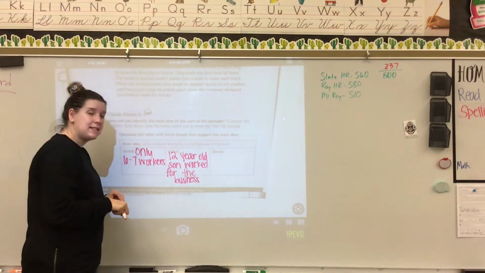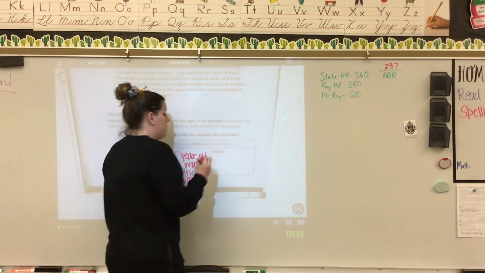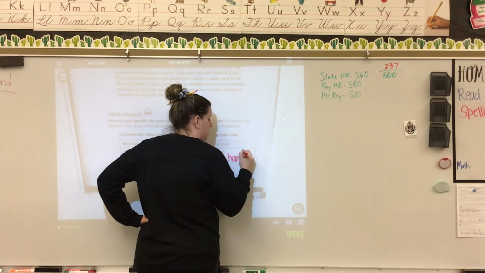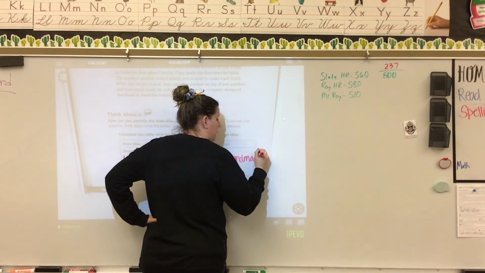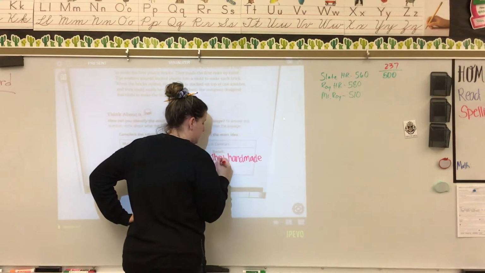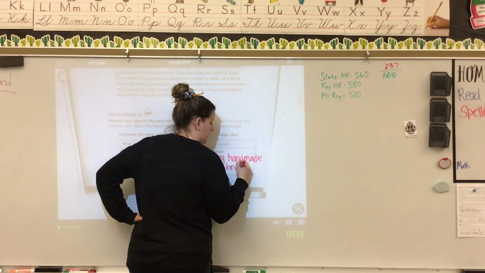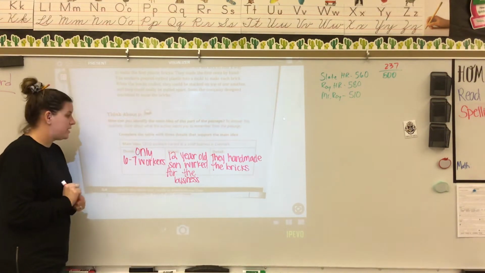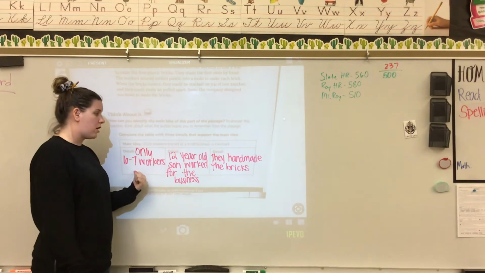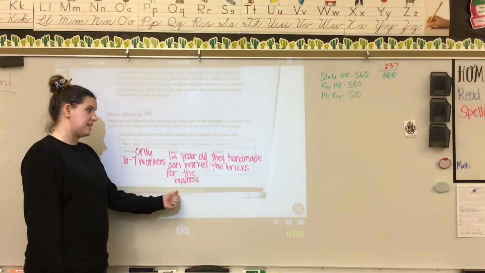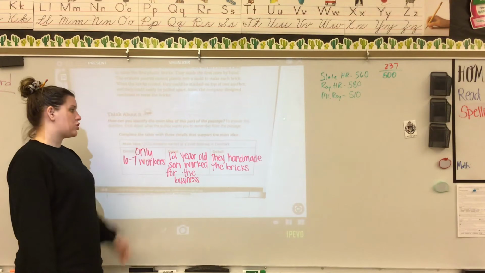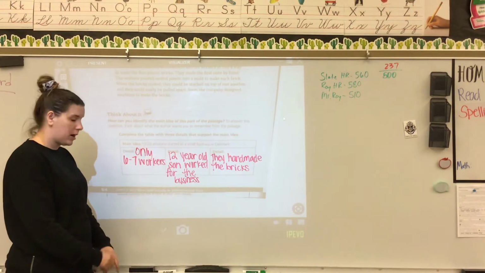And my last detail is that they handmade the bricks. Okay? So I have my 3 supporting details. That they only had 6 or 7 workers, the 12-year-old son worked for the business, and they handmade the bricks. And they all support that the Lego started as a small business in Denmark.